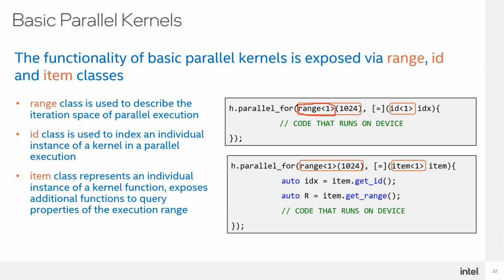We still have PSTL available as a part of oneTBB, where you can specify execution policies, but it doesn't allow you to specify execution on GPU yet. The idea here is that you specify the execution policy via the queue, in a more implicit way, because once you create a queue, you link it to some device, and then you execute on this device by submitting a command group to this queue.